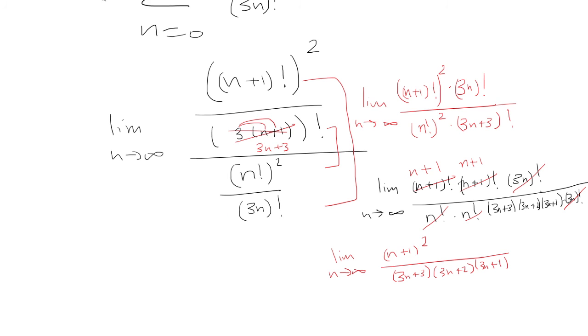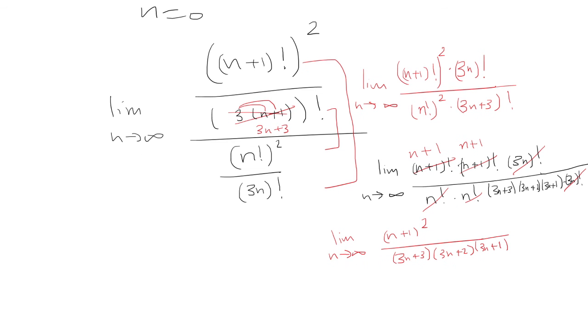Now, the limit's obviously going to be 0, but let me show you how I get that. We're looking as n approaches infinity, so think of this as long term. Long term, n plus 1 squared is going to look very similar to n squared. And then 3n plus 3 times 3n plus 2 times 3n plus 1, we can ignore the 3's, the 2's, and the 1's, since those are not going to have much impact, and just take the bigger term, 3n, 3n, 3n.